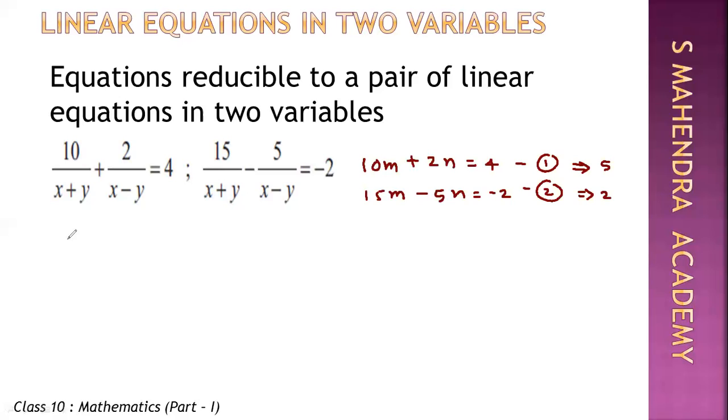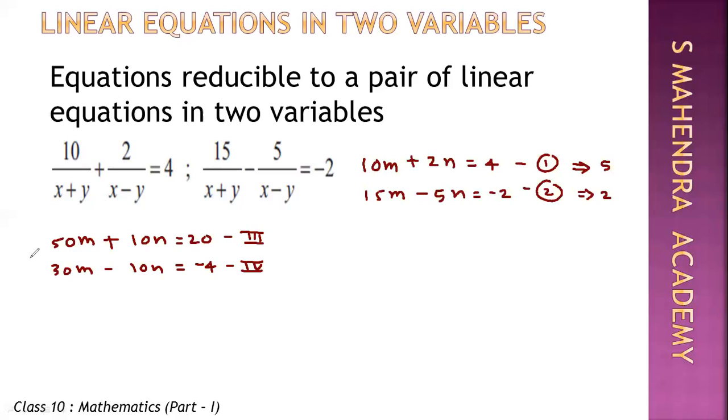Then these equations will reduce to 50m plus 10n is equal to 20, equation number 3, and 30m minus 10n is equal to minus 4, equation number 4.